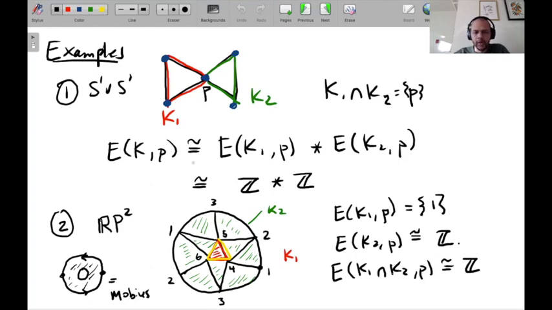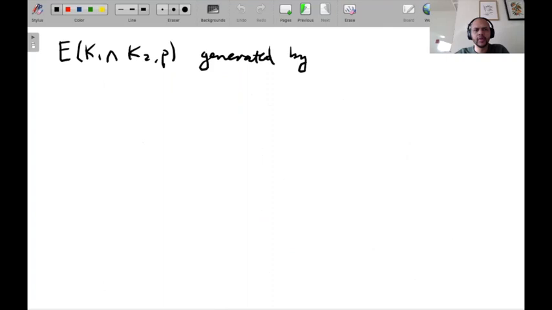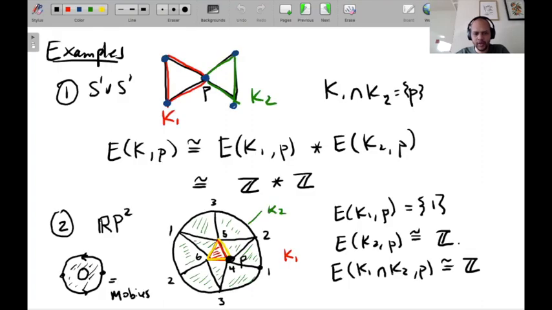We need to pick a base point. Let's pick our base point here and call this P. So the edge group of the intersection is generated by the loop that goes 4, 5, 6, 4. That just goes once around this circle, this yellow circle.